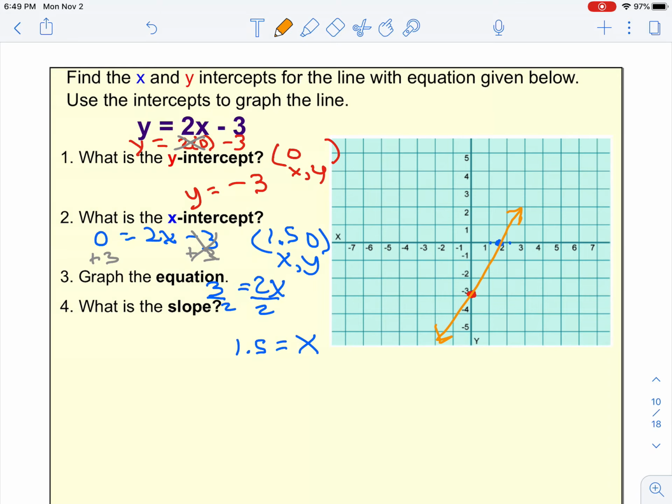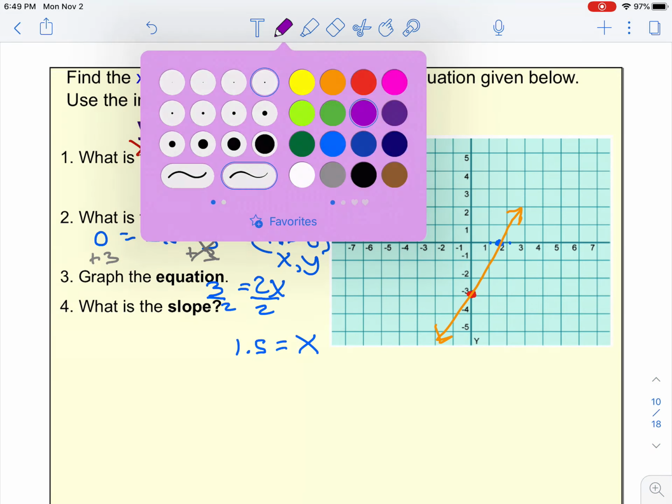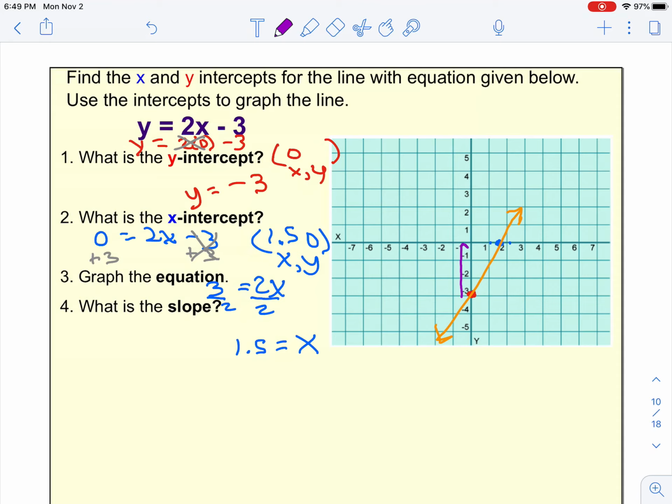Now this one might be a little bit more challenging to find the slope, okay? If you're counting, you're going up 3, but you're going over 1.5. So we would have 3 over 1.5. Well, we don't usually use a fraction like that for a slope.